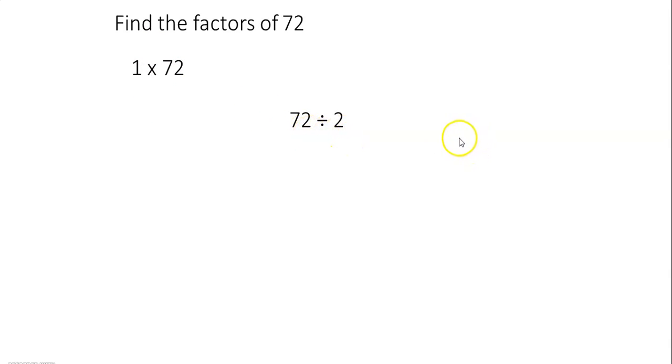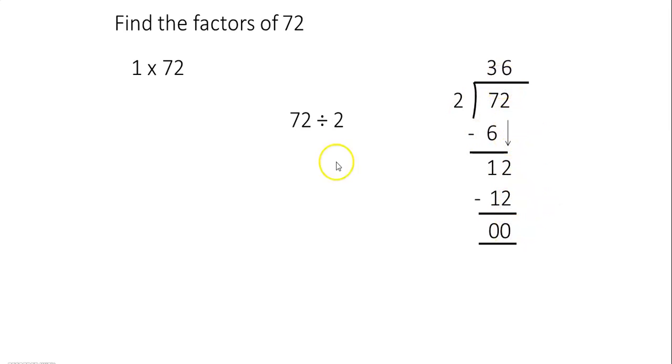If it divides exactly, meaning with no remainder, then it is a factor of 72. So let's divide one digit at a time. 2 times 3 is 6. Take away, you get 1, bring down 2. 2 times 6 is 12. Yes, 36. So 2 times 36 is 72.